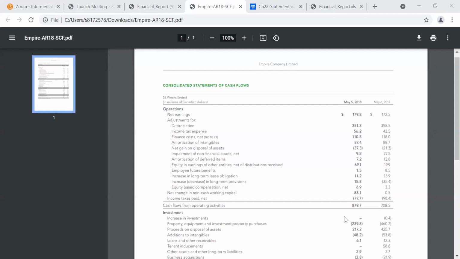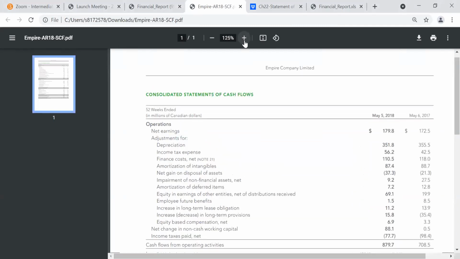Okay, I apologize for this being a little bit small, but I can zoom it out a little bit, then you only see a section at a time. It is on the bright space. So this is Empire Company Limited. How do I get rid of this thing? Anyway, we'll just focus on this half of it.